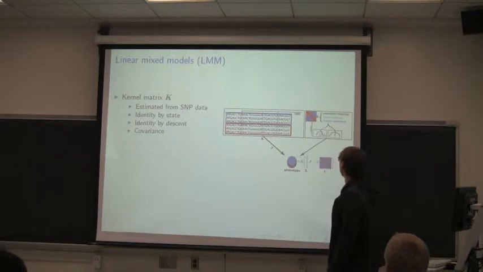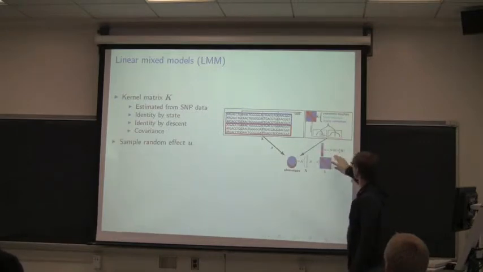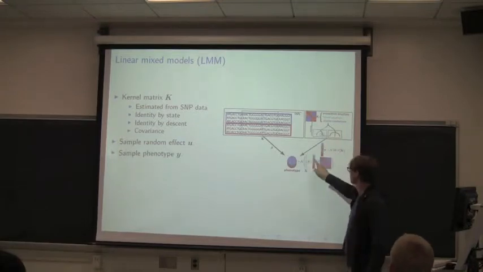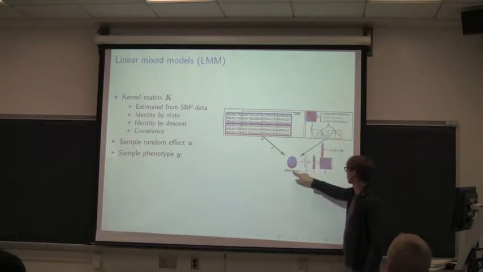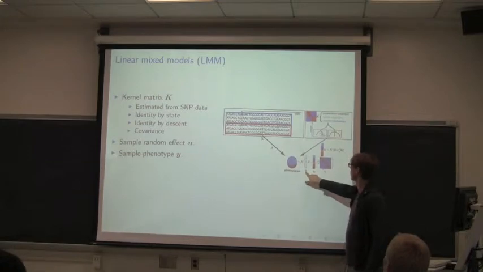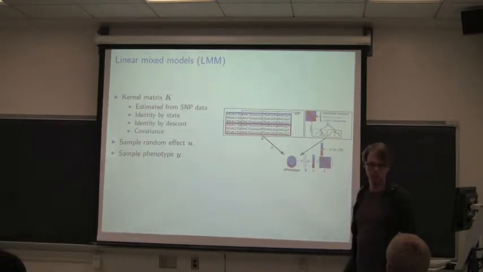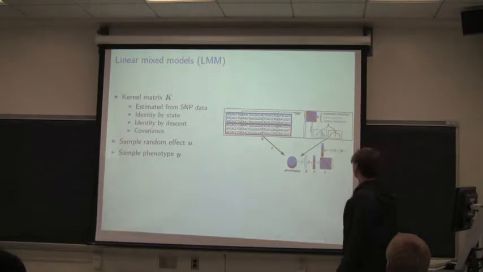And how is this used? It's used to sample from a multivariate Gaussian distribution a random effect, which we now call the population structure, which is just added to the mean of the regression model. So your phenotype is now the SNP effect that you're testing plus a contribution by this global population structure.